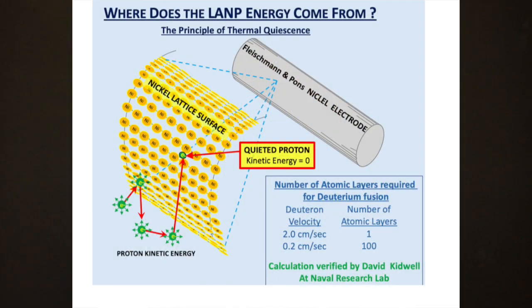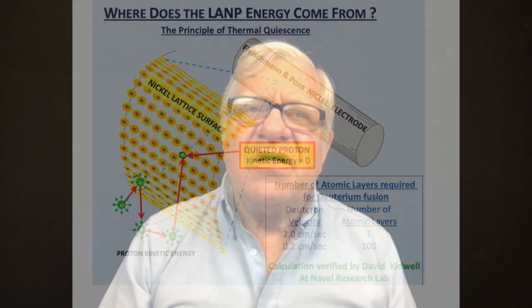Understand that the first element of any cold fusion theory has to be the source of the thermonuclear energy that drives the process. Here, the source of the energy is the kinetic energy of protons and deuterons. Read the poster to understand how this happens. You're aware of the continual increase in internal electrode energy.